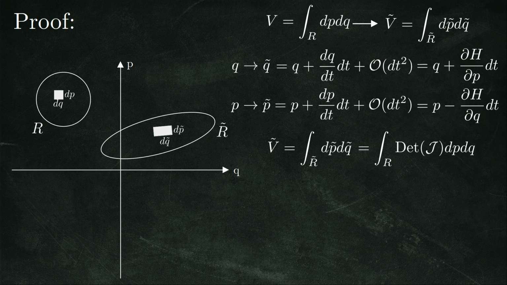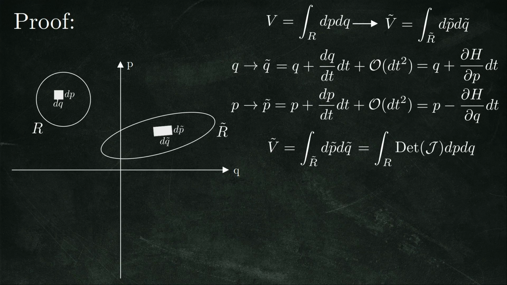However, what might be surprising is the integration over R, not R tilde. That's not a typo. That's because our coordinates, dp, dq, all come from that original region. So the values of p and q we're integrating over are just those in the original region, and they evolve to become the new region. So when we just look at those p q coordinates, they all come from R, so we're still integrating over R.